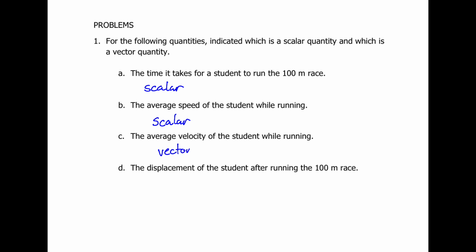The average velocity of the student while running. Vector. So this is where it gets a little tricky. This is one of those things that speed and velocity are different. This is my favorite thing to do in physics class, and your least favorite thing in physics class. In English, some words are the same.